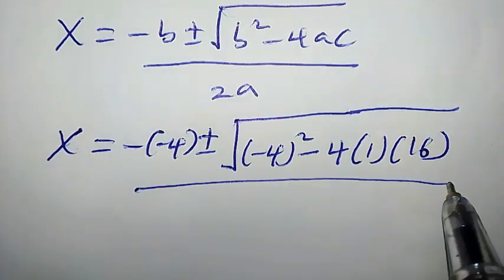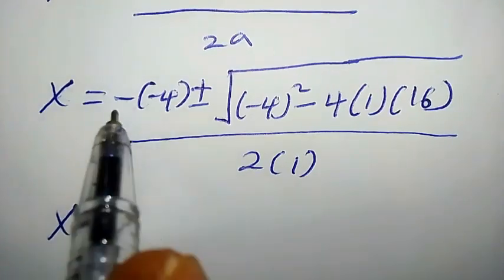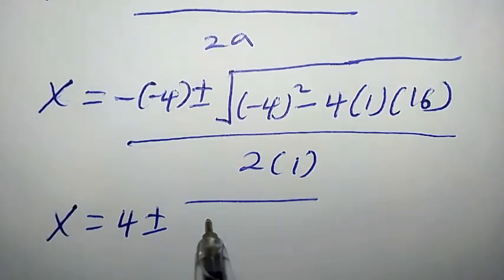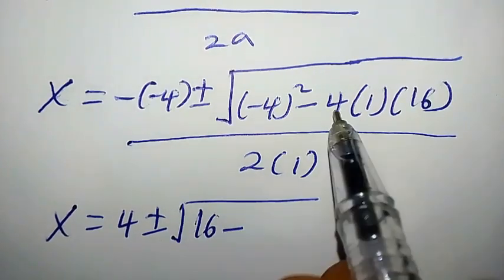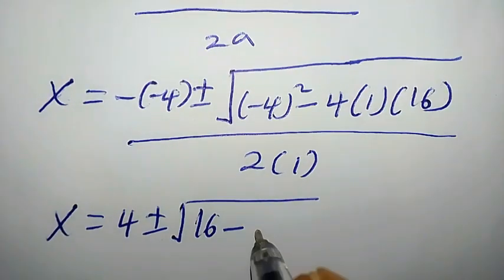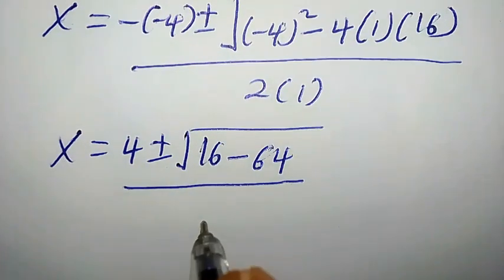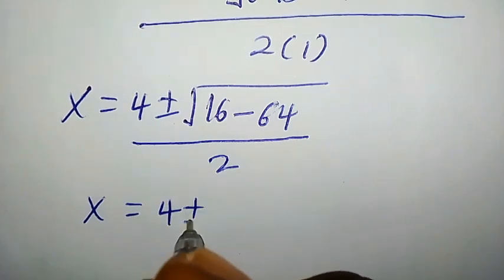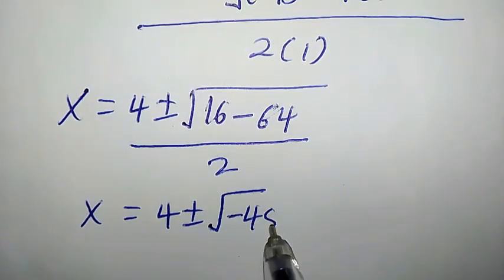So everything over 2 times 1. x equals minus times negative 4, that is 4, plus or minus square root of negative 4 all squared, that is 16, minus 4 times 1 times 16 is 64, over 2 times 1, that is 2. So we have x equal to 4 plus or minus square root of 16 minus 64, which is negative 48, everything over 2.